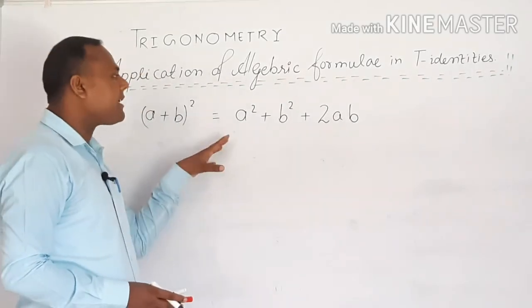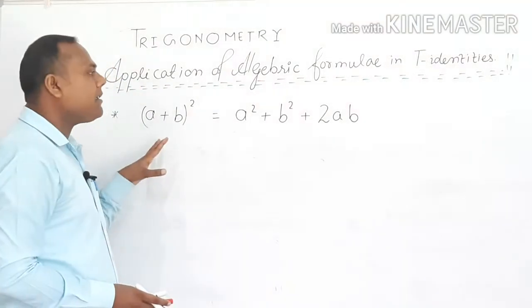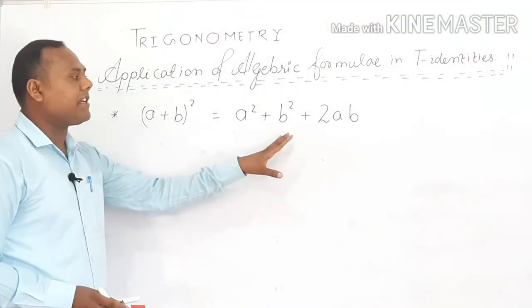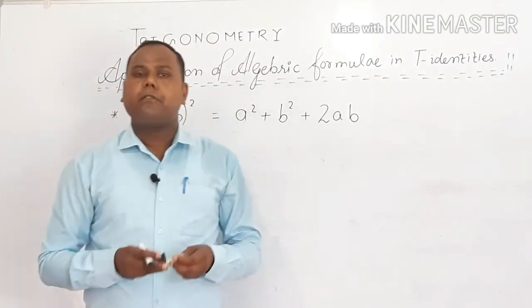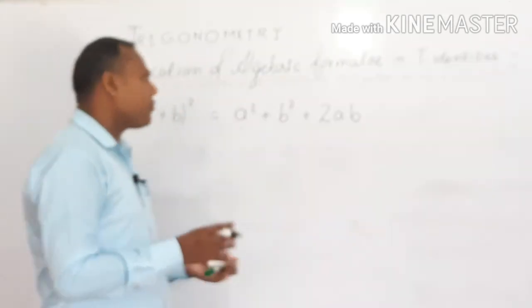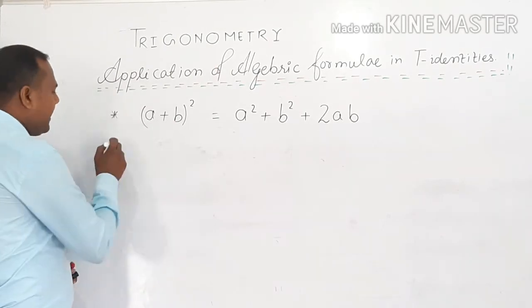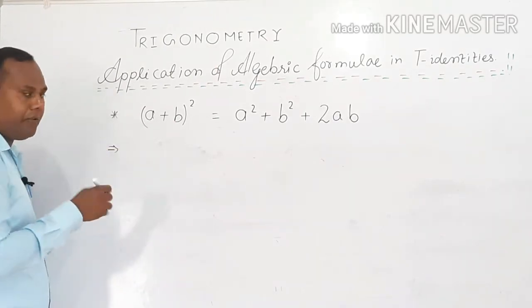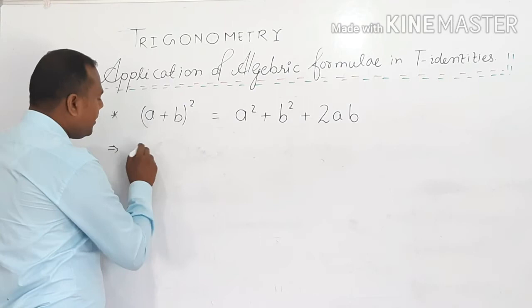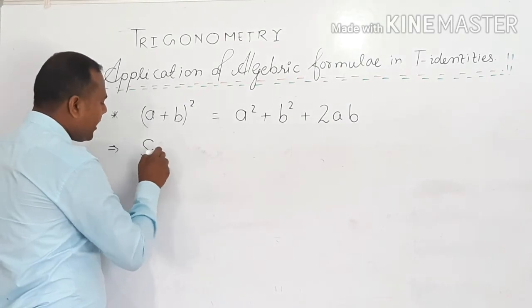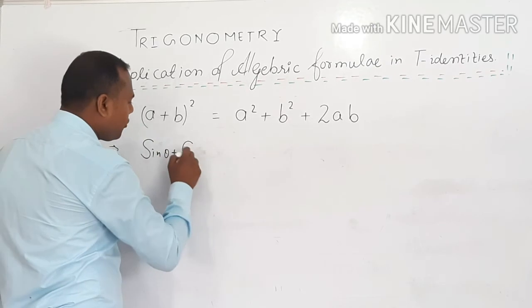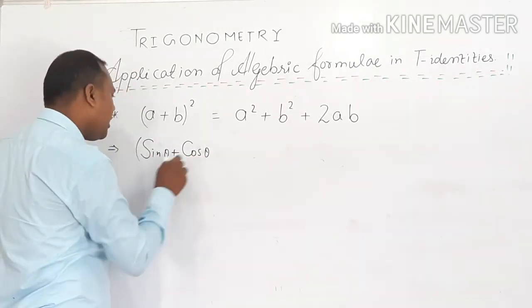This formula, the formula meaning is that, but students are always misguided. So I could explain in various ways, such as if we put here sine of theta plus cos of theta the whole square.